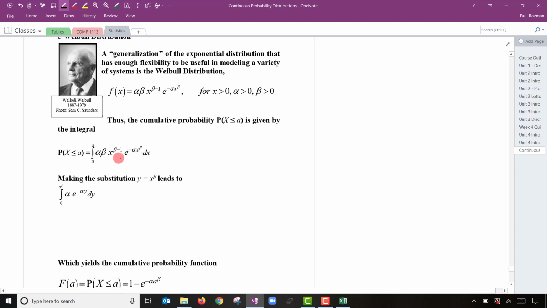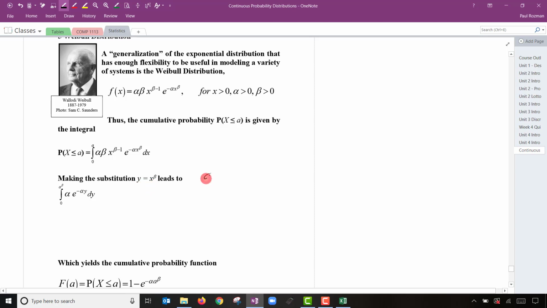If you look in the formula here, you'll see there's an x to the beta, and there's an x to the beta minus 1, which is pretty nice when you think about it, the derivative of the exponent ends up being what's down here. I'm going to do a little substitution this time. Let's let y equal x to the beta.